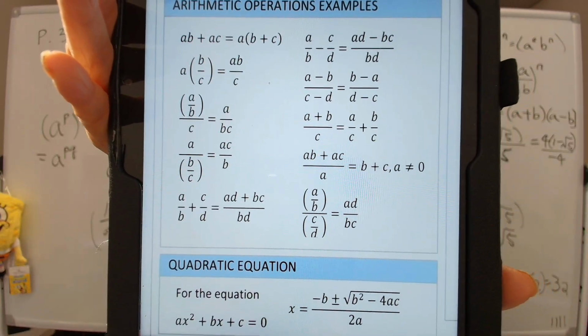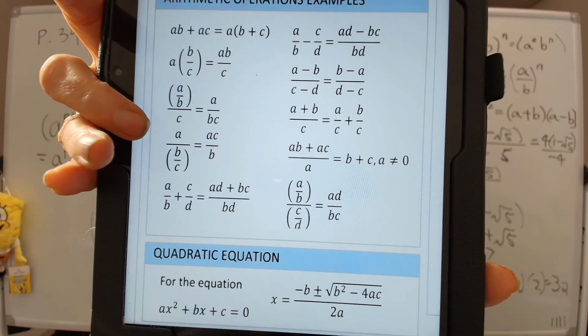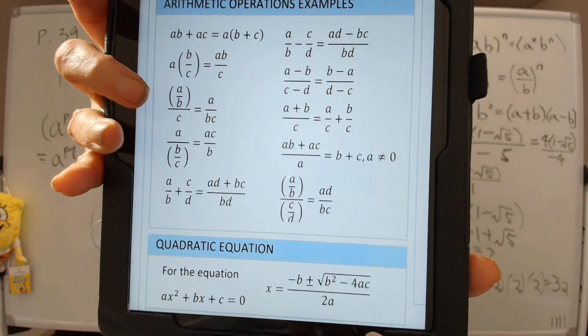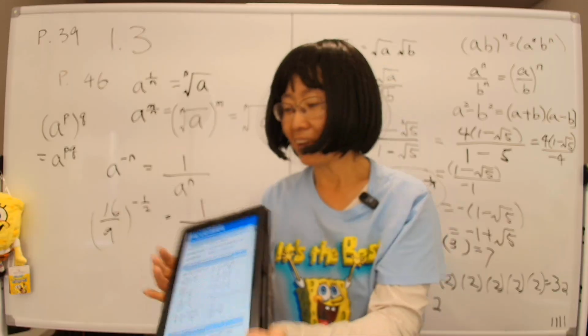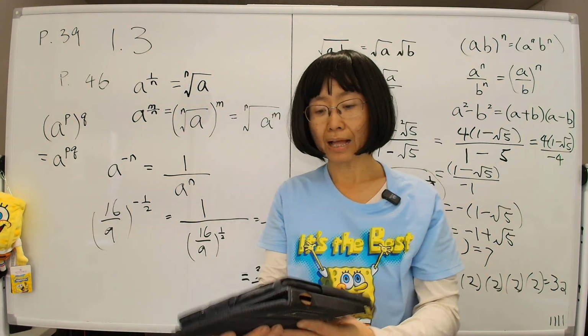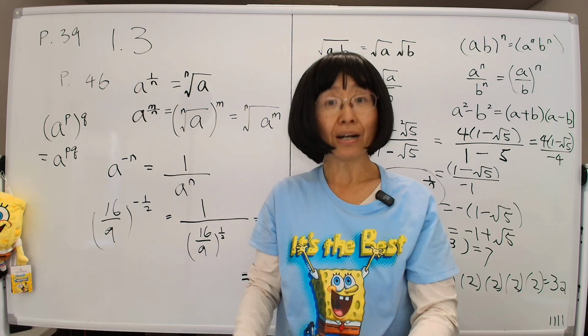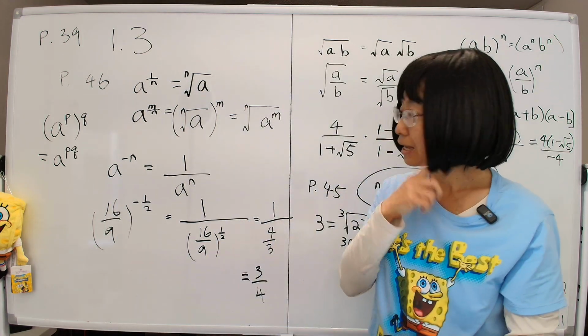But remember all the rules in here, especially this one. This one is the most confusing, okay? People get lost all the time. And also this one too. What do you do when you have a fraction in the numerator or the denominator? And so on. All right. I will go into more detail on this stuff at some point before the end of this chapter. But right now, let's move on.